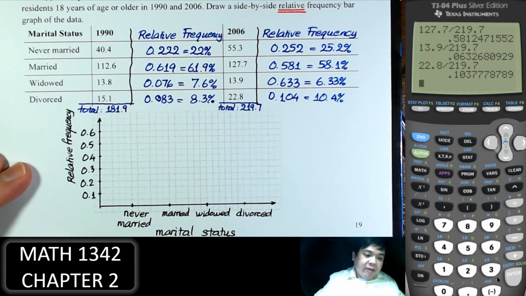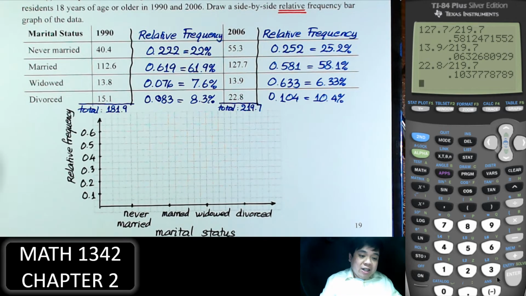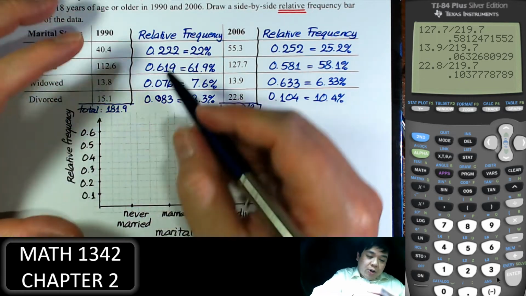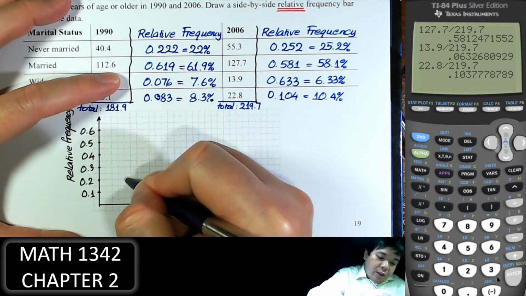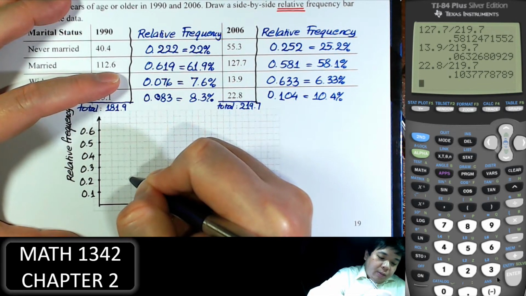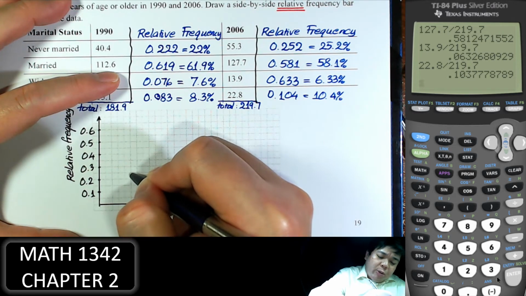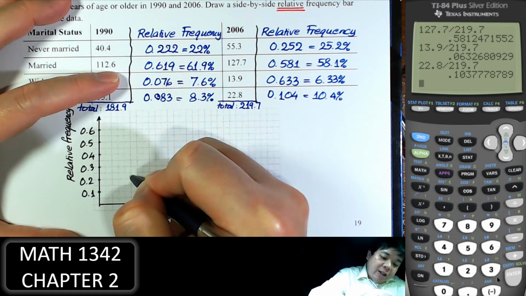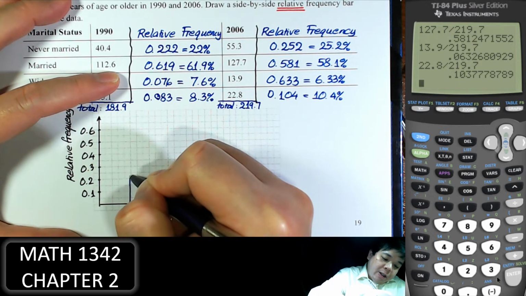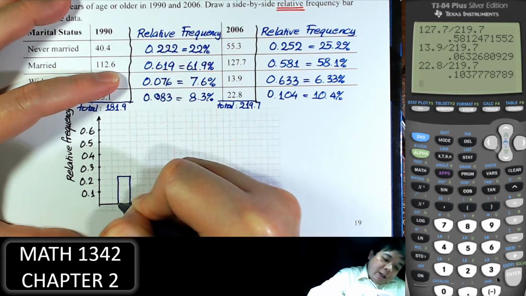Never married in 1990, that's 22%, or 0.22. So between 0.2 and 0.3, that will be 0.25, and half of that. So we draw the column here.